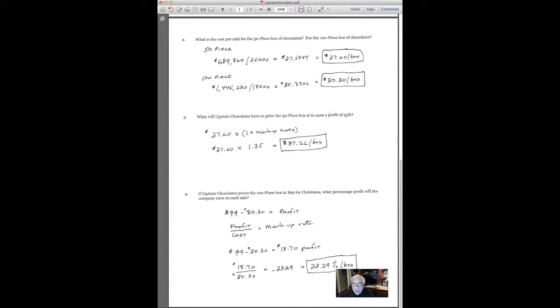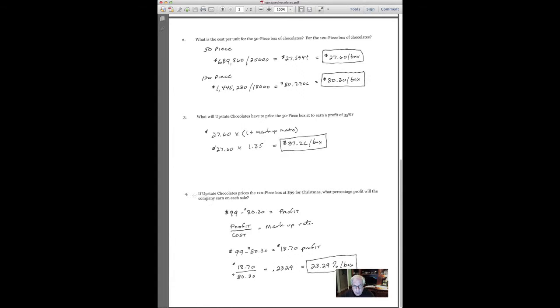We want to earn a profit of 35 percent. In order to do that, it's the cost times 1 plus the markup rate. 27.60 times 1.35 gives you $37.26 a box. Take you 30 seconds to do that. Box your answer.